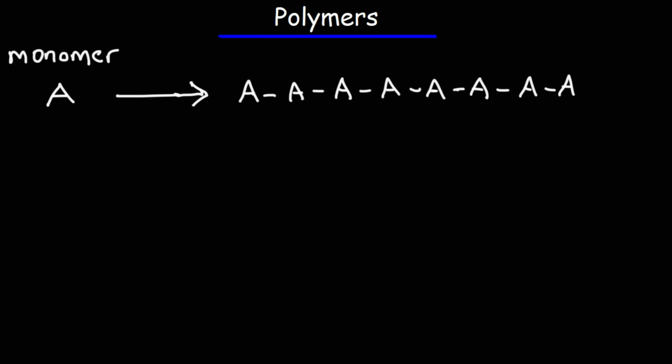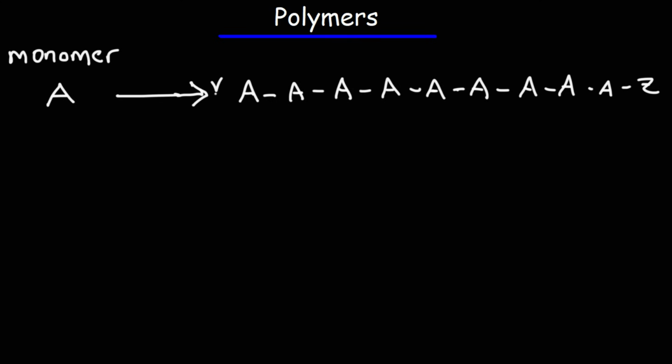Now, a polymer can have hundreds or thousands of molecules, maybe even tens of thousands. So this can go on for a very long time. Now, when dealing with polymers, sometimes you may have different end groups.